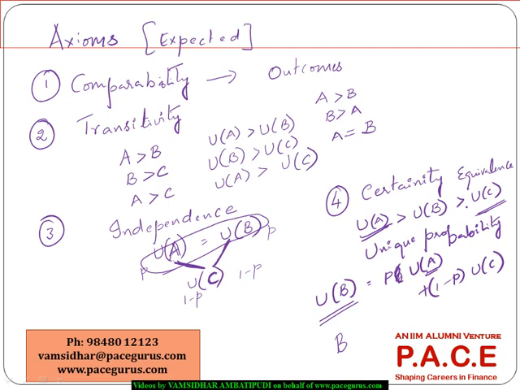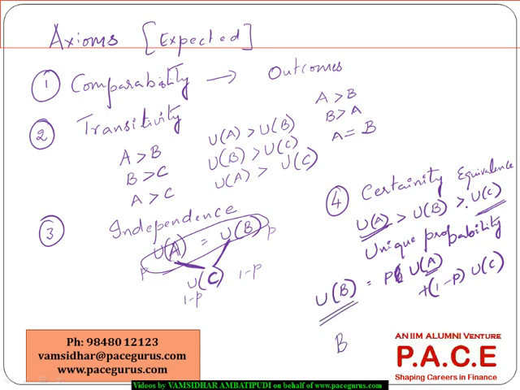So these four important axioms drive, and are the most commonly used concepts as a part of building the expected utility theorem process. Alright.